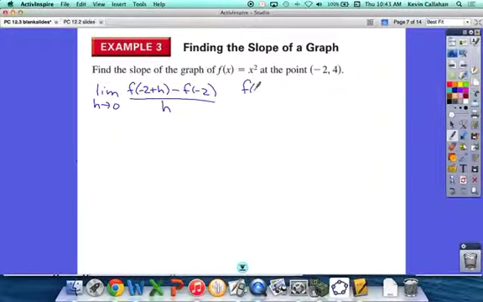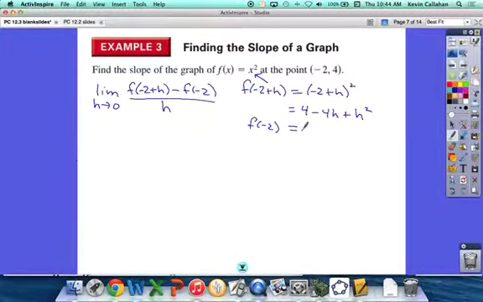So what is f of negative 2 plus h? Plug in this, there. So that is negative 2 plus h squared, which is 4 minus 4h plus h squared. Now, f of negative 2 equals what?